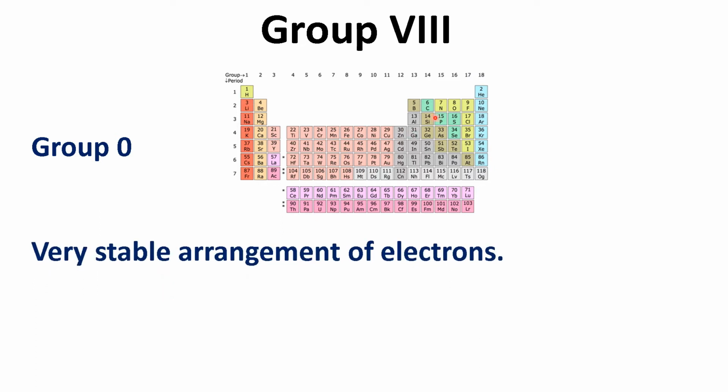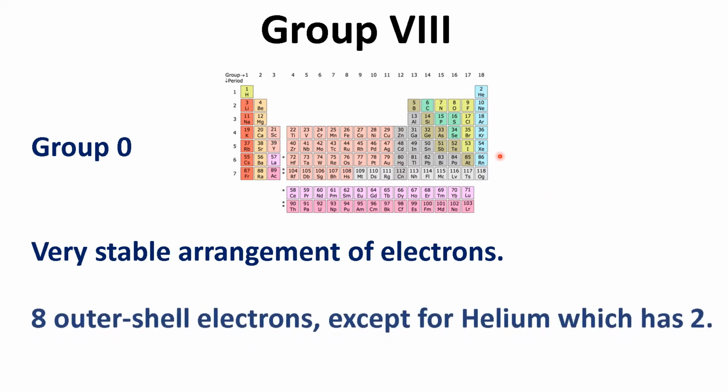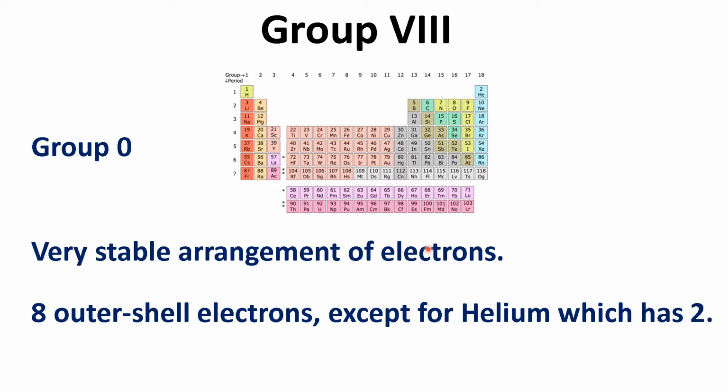The elements in group 8 have a very stable arrangement of electrons, and their atoms all have 8 outer shell electrons except for helium, which has 2. This stable arrangement of electrons has a very important result. It makes the group 8 elements unreactive.